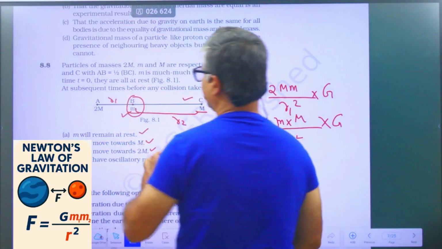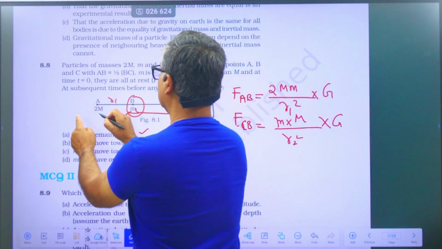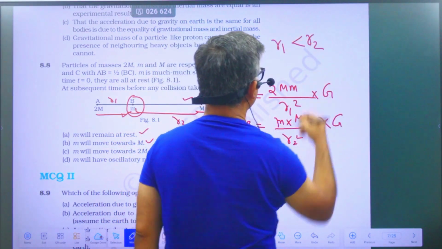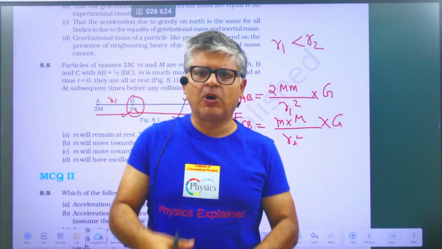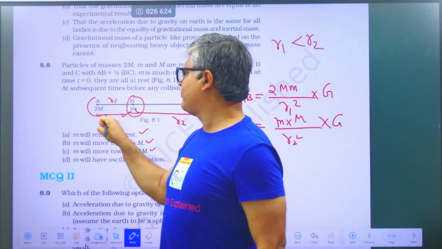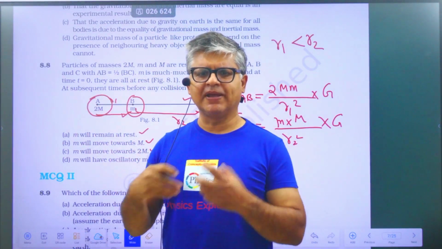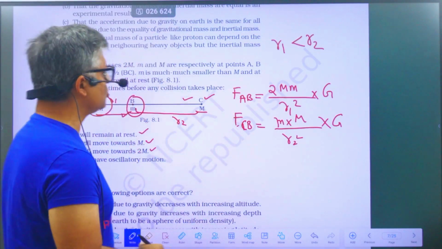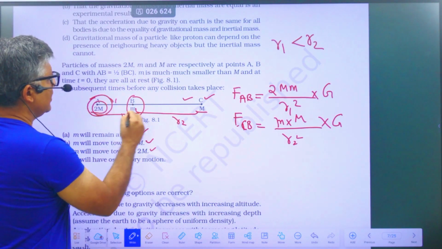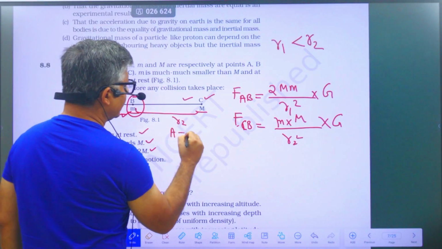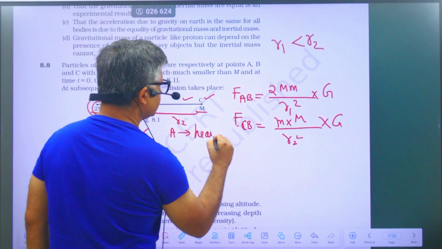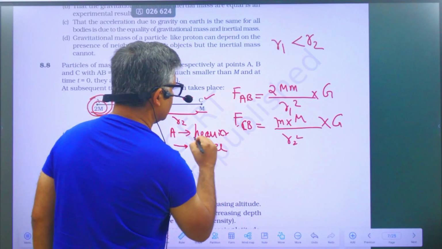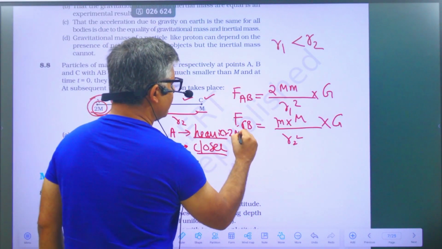Now, if you notice this particular distance r1, r1 is much smaller than r2. If r1 is very small and the mass at A is twice, 2m, as compared to the one at C, you can see the situation. So this particular mass at A, it is heavier and this is closer. So you have 2m and you're closer also.